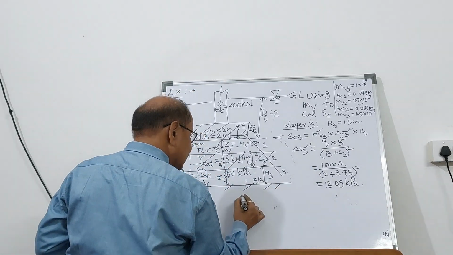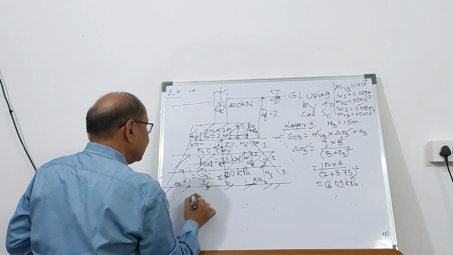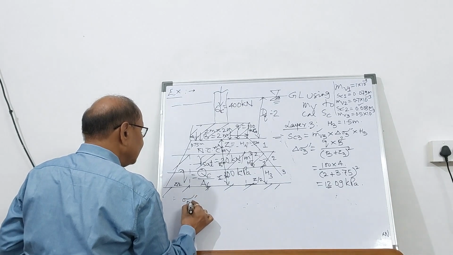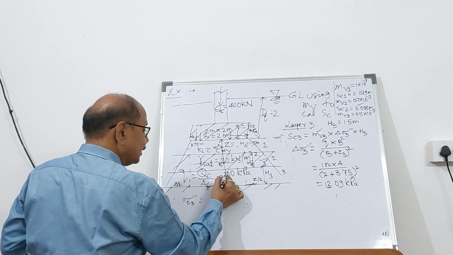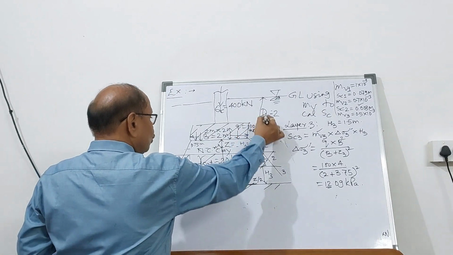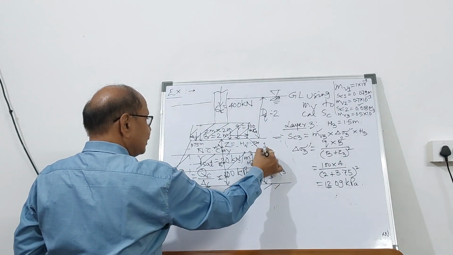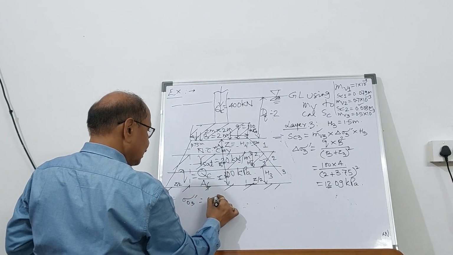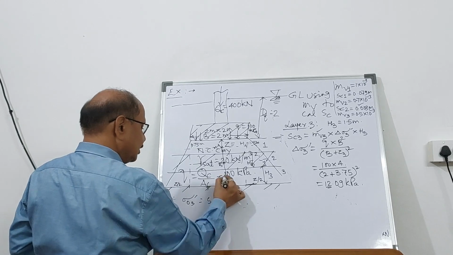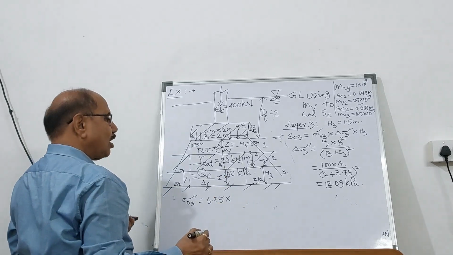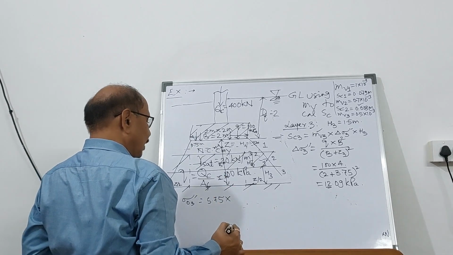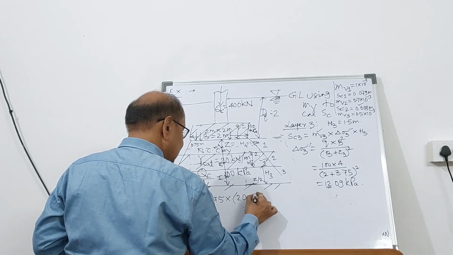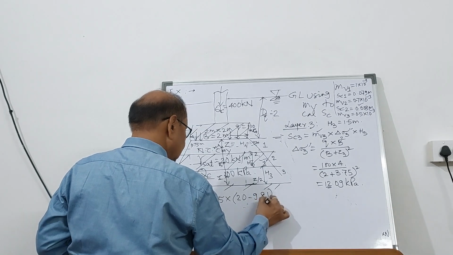Now, what is the effective overburden pressure for layer 3 at C? You see 2 meter, there is 3, 5 meter, 5.75 meter. C is at a depth of 5.75 meter, then 20 minus 9.81.